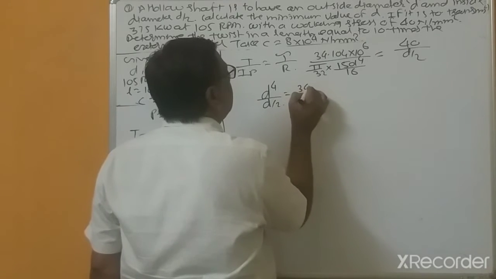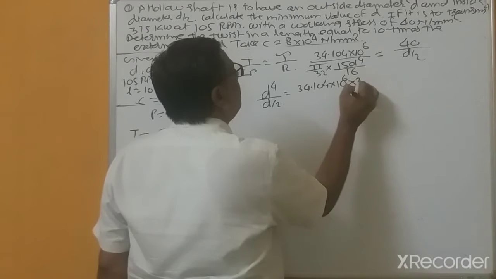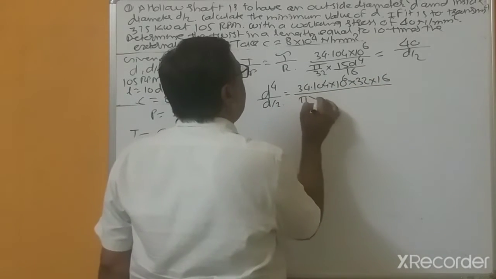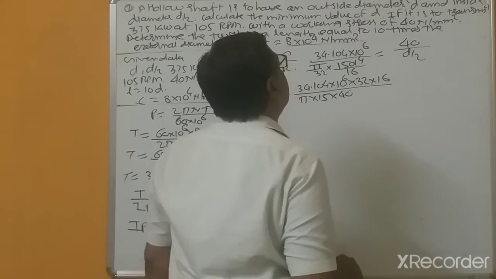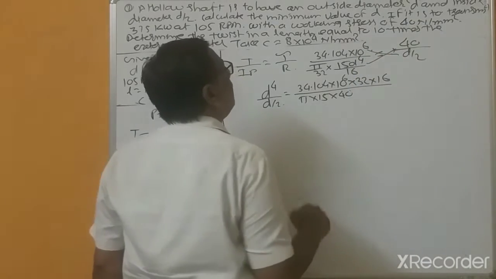Now in the left hand side, 10 to the power 6 multiplied by 32 multiplied by 16 divided by pi into 15 into 40. Cross multiplication.